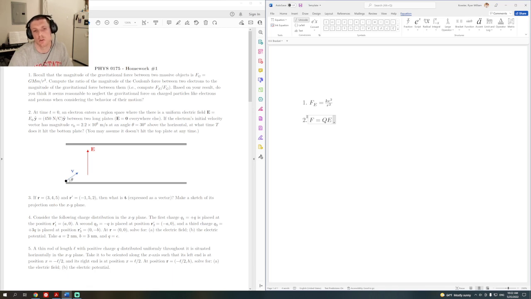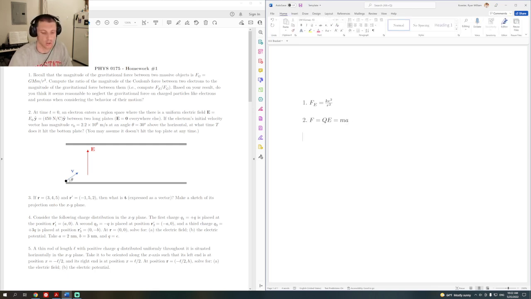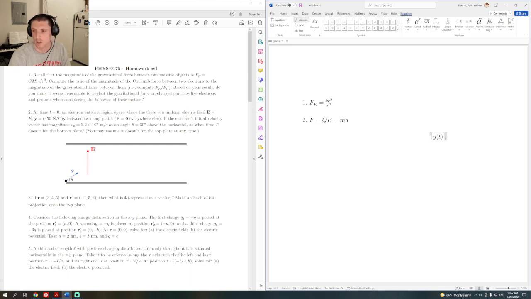If the only force we're considering on the electron is the electric force, because we just showed that the gravitational force in general is much weaker, then we just write that this is ma, right? So we can solve for the acceleration the electron experiences, and then we take this a and plug it into this kinematics equation.